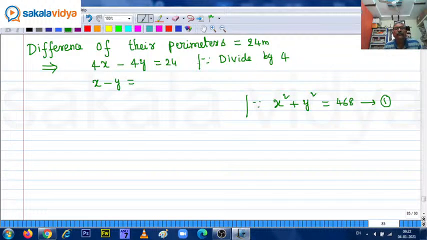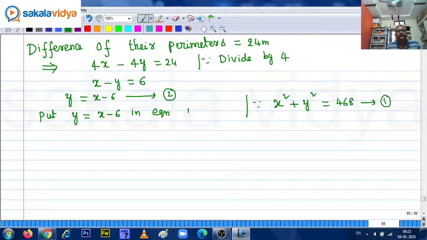So dividing by 4, we get x minus y, and 24 by 4 is 6. So we get y equals x minus 6. This is equation 2. Put y equals x minus 6 in equation 1.